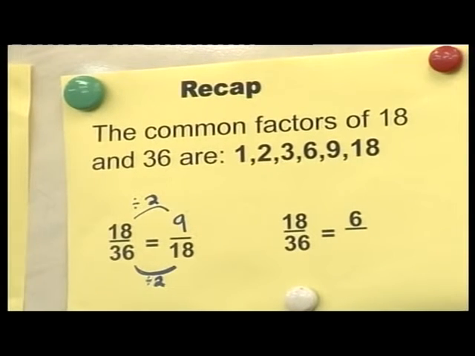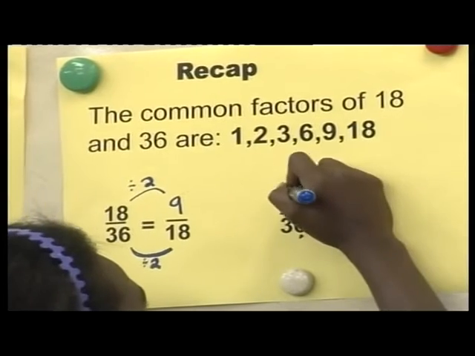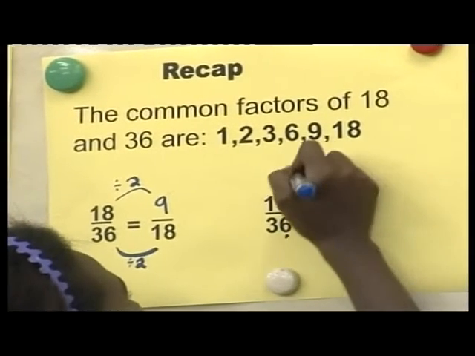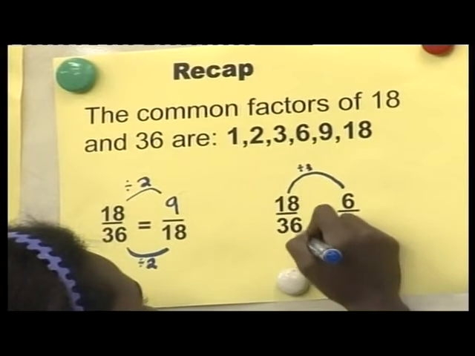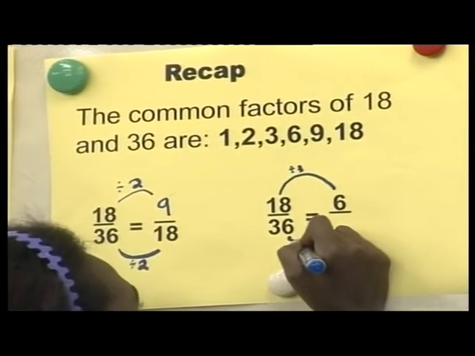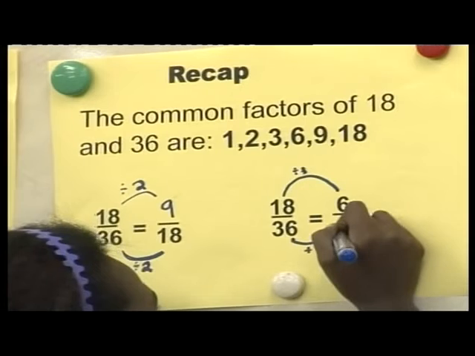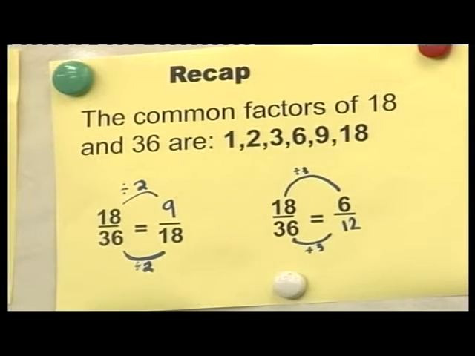Remember, we are trying to work out 5 equivalent fractions to 18 over 36. Okay, we still have another 3 to complete.